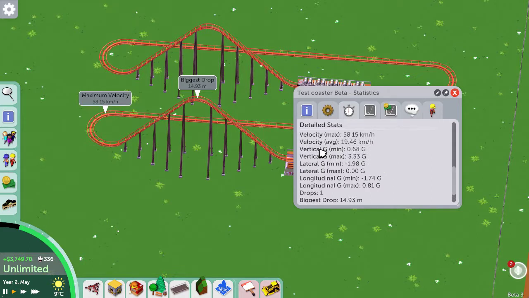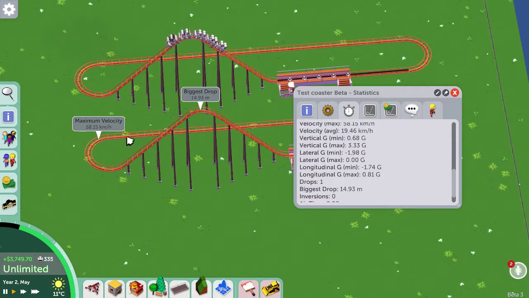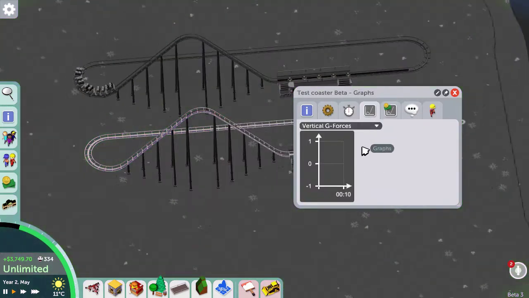Vertical G-forces are like gravity, with positive going down towards the earth, and G going towards your head. Lateral G's would be going side to side. Longitudinal is being pulled forwards or backwards. Each of these forces is relative to what's going on in the actual roller coaster, so a turn like this will have some lateral G-forces.